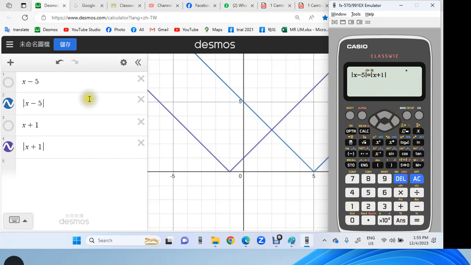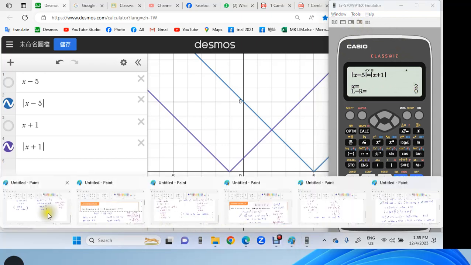After I key in the equation, for all your mathematical questions, as long as you have an equation, you can key in the equation into the calculator. Then you press shift solve. They will ask for any value. You can start with 0. Then you press equal. The calculator will return x equal to 2. Then left minus right equal to 0. If it is not 0, then it is not a solution. If it is 0, then that one is the solution.